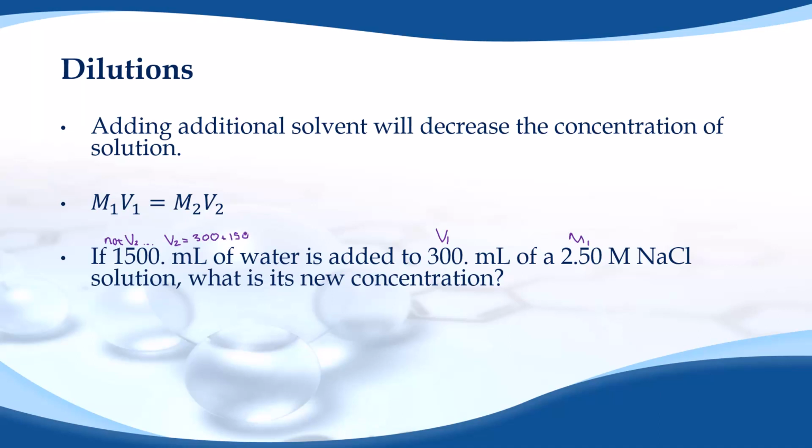So our V2 is going to be 1800 milliliters because the 300 we started with plus the 1500 we added. So V2 is 1800. We're solving for M2. Plug into the equation, rearrange for M2, and we'll get our new concentration of 0.417 molar. So that is a dilution problem.